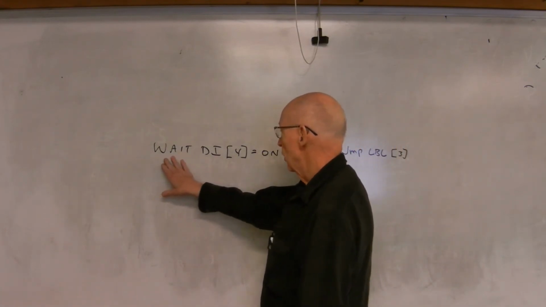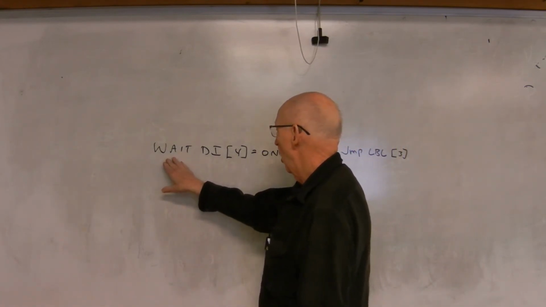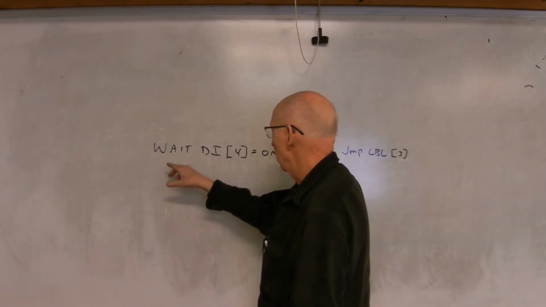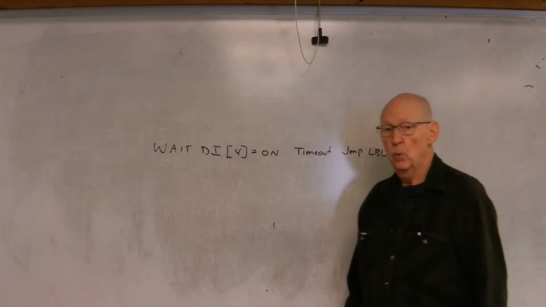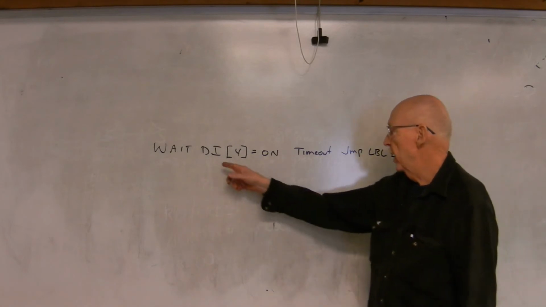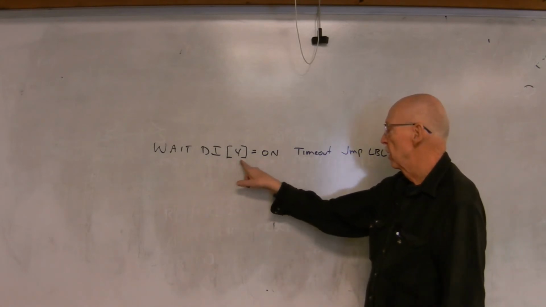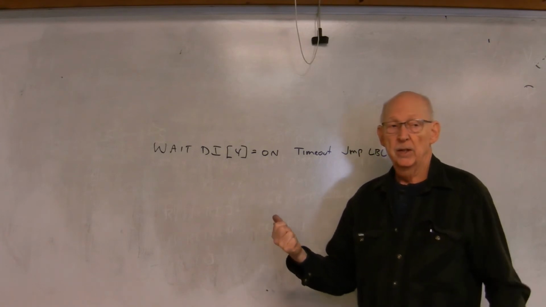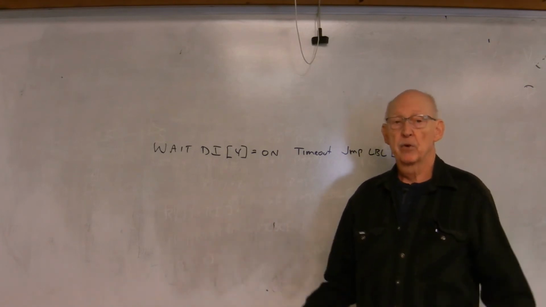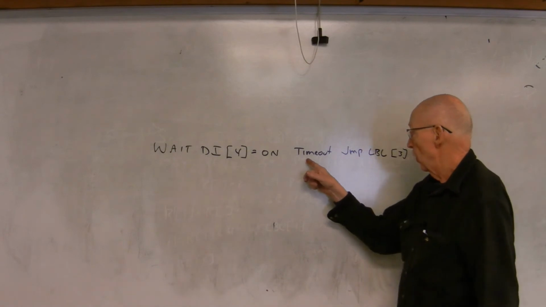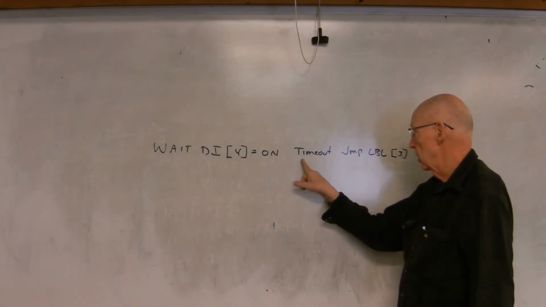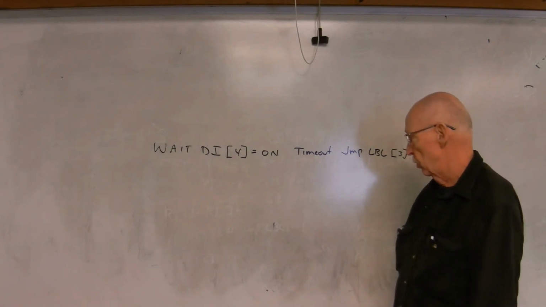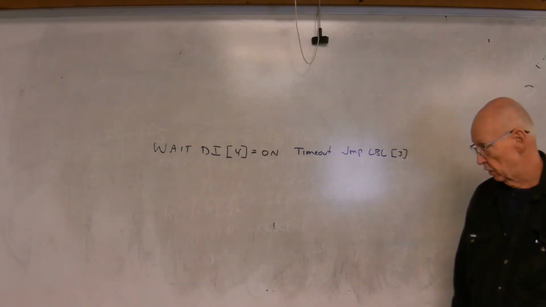So execution of the program would reach this point, and the program would stop and wait. Wait for, in this case, digital input number 4 to be turned on. But you don't want to wait forever. So you can establish the timeout, the system variable. By default, it's 30 seconds.